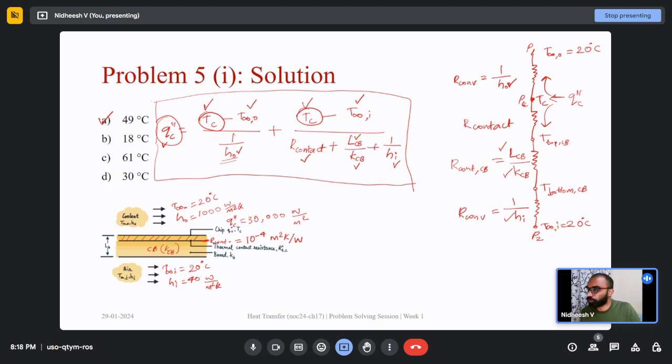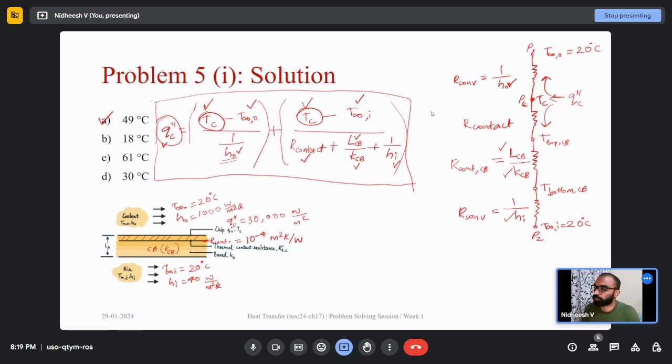Do you agree? Yes, sir. So the total heat generated, that is QC, is a summation of heat that is flowing in these two different directions. Total heat generated is being dissipated from top and bottom, and if we add up those two quantities, we will get the total heat generated. That is why we are adding this. The first part is the heat dissipated through the top part, and the second part is the heat dissipated through the bottom. If we add that, we will get the total heat that was generated.